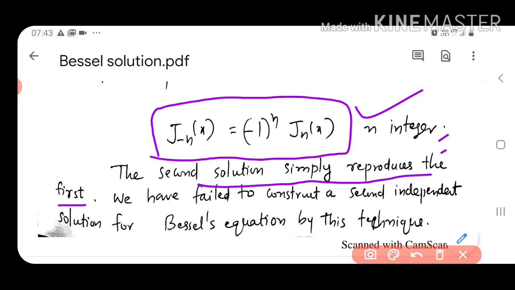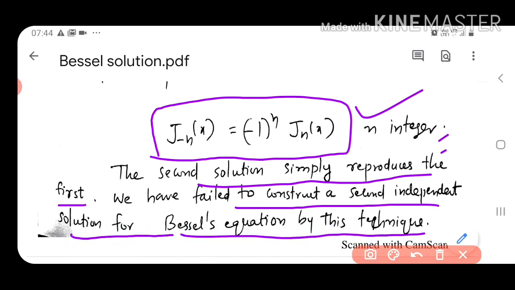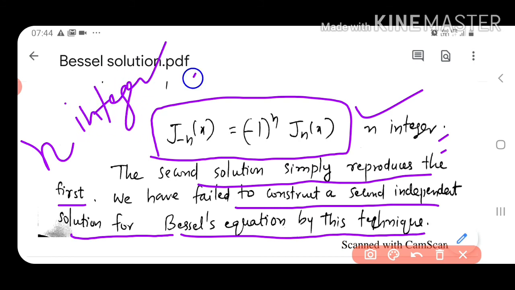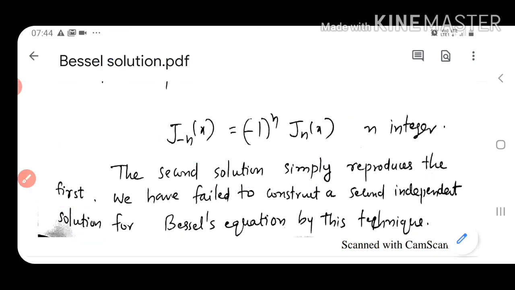They are not linearly independent. So we have failed to construct a second independent solution for the Bessel equation by this technique, when n is an integer. If n is not an integer, there is no such problem. We have two independent solutions.